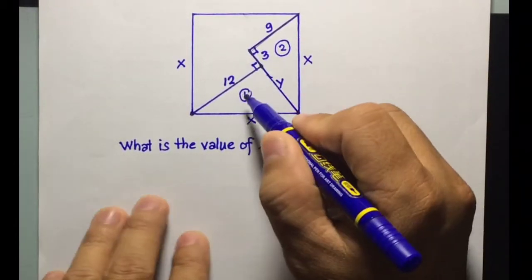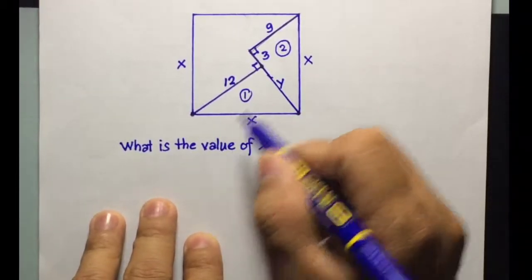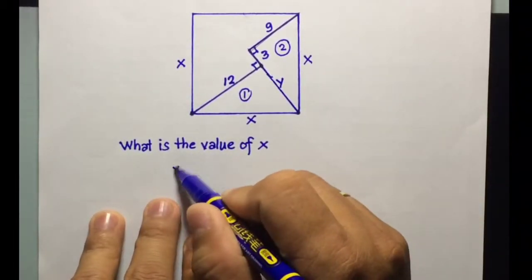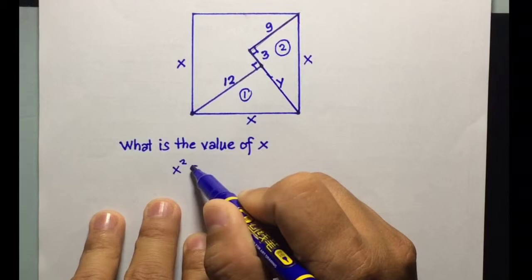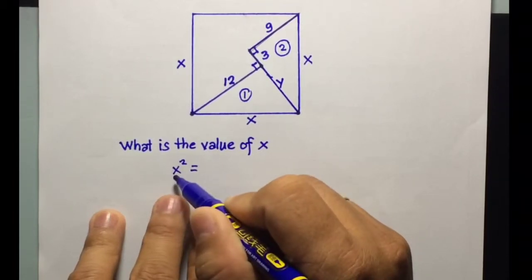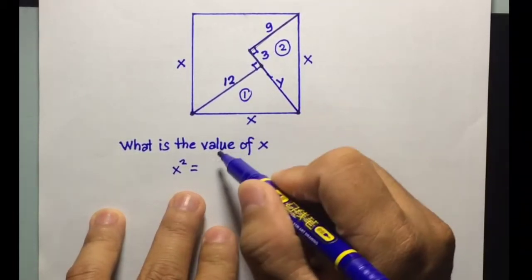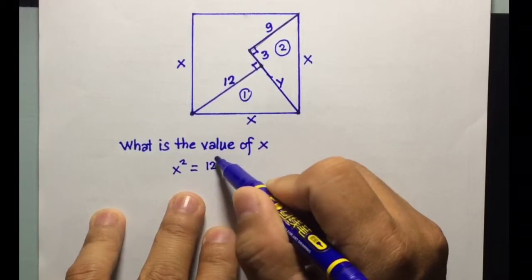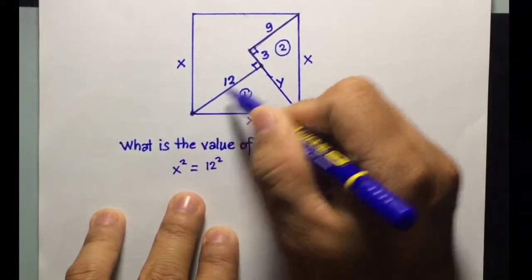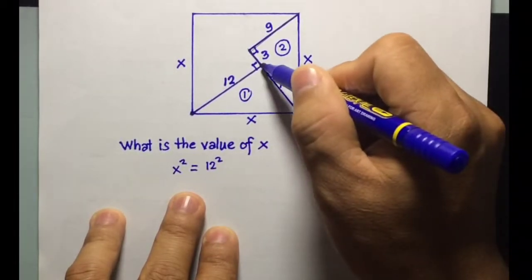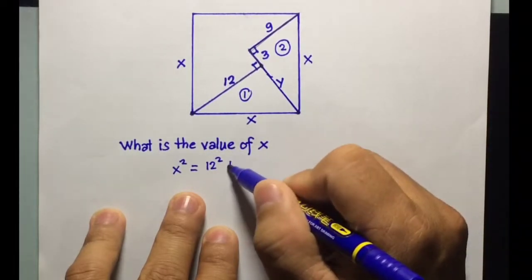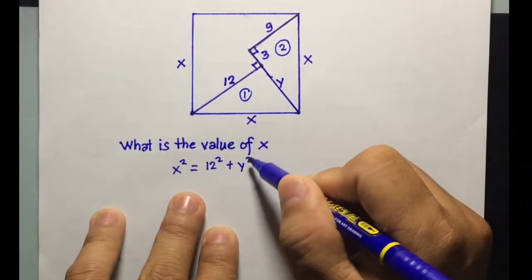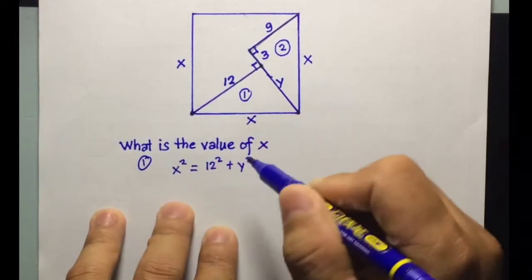For triangle number 1, using the Pythagorean Theorem, x squared, the hypotenuse, equals 12 squared, this is a leg, plus another leg, which measures y, so y squared. This is for triangle number 1.